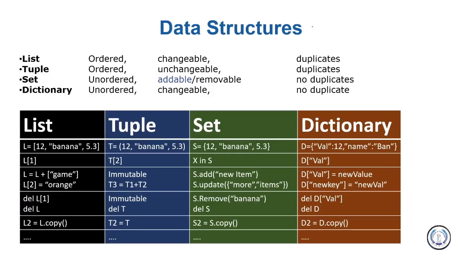Anyways, a data structure in a very loose term is a collection. It is a collection of a lot of values, a lot of data inside. And all these data structures, list, tuple, set, and dictionary, are collections of data of heterogeneous types, which means one value can be an integer, another element, let me call it an element, another item or element can be of string type, another element can be a floating point number, another element is a whole list itself, another element is a tuple, and so on.